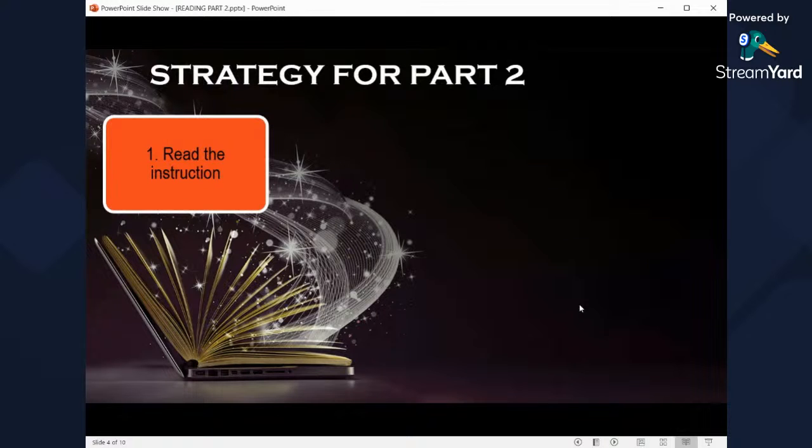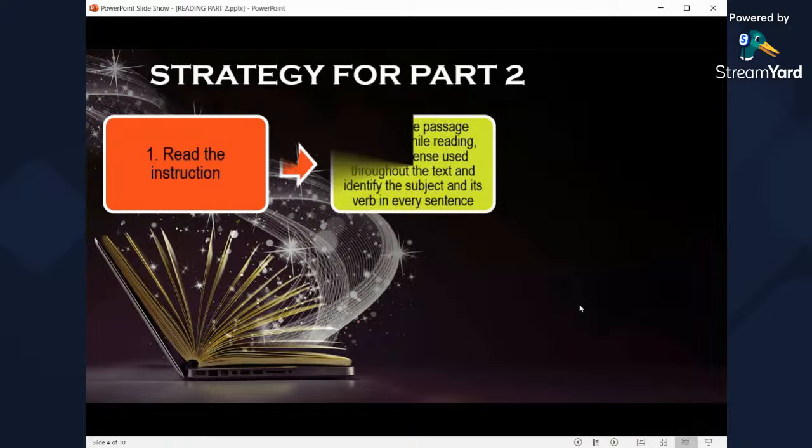Okay. If you know me by now from my 3 o'clock session, you would know that the first important thing is read the instruction. Always read the instruction. Instruction can change. And then the second step is read the passage carefully. And while reading, which is different from part 1 and part 3, you have to circle the tense used because you also want to identify the subject and its verb in every sentence.